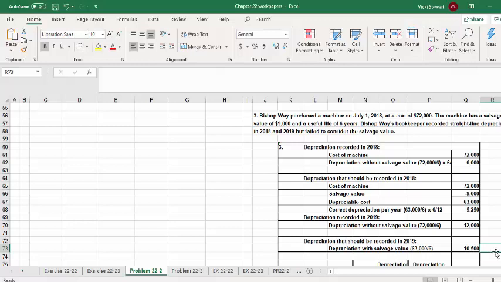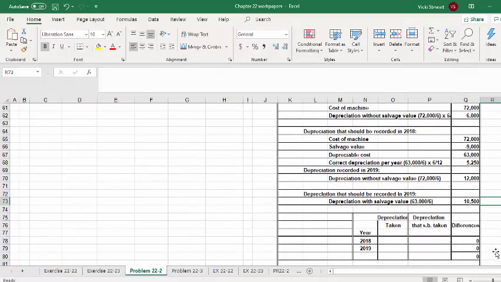So this is going to require us to make an entry to correct the retained earnings and accumulated depreciation for the error. So we will determine that amount by first looking at the amount of depreciation taken in 18, which was $6,000, when only $5,250 should have been taken.